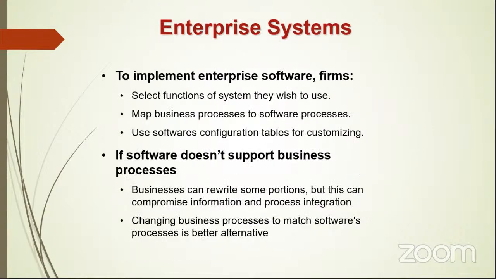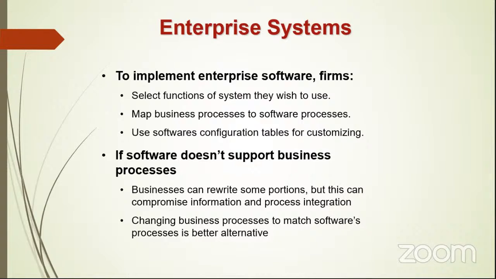Typically, the firm can either buy an existing enterprise system, since many firms are similar, and then select the functions of the existing software suite that they want to use, map their existing business processes to what the software does, and then select the tables and decide to configure and customize it as needed.